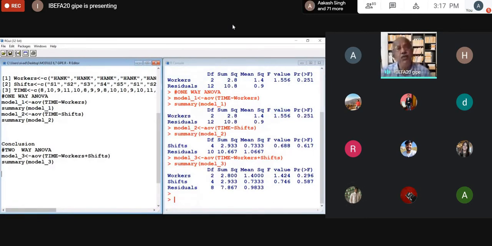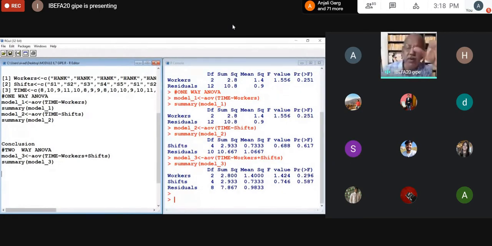But if I have to compute both hypotheses at the same time, then two-way ANOVA. Comparison of average among the columns and comparison of average among the rows. That is two-way ANOVA. Sir, so we have to check again the p-value for the conclusion of two-way ANOVA, right?